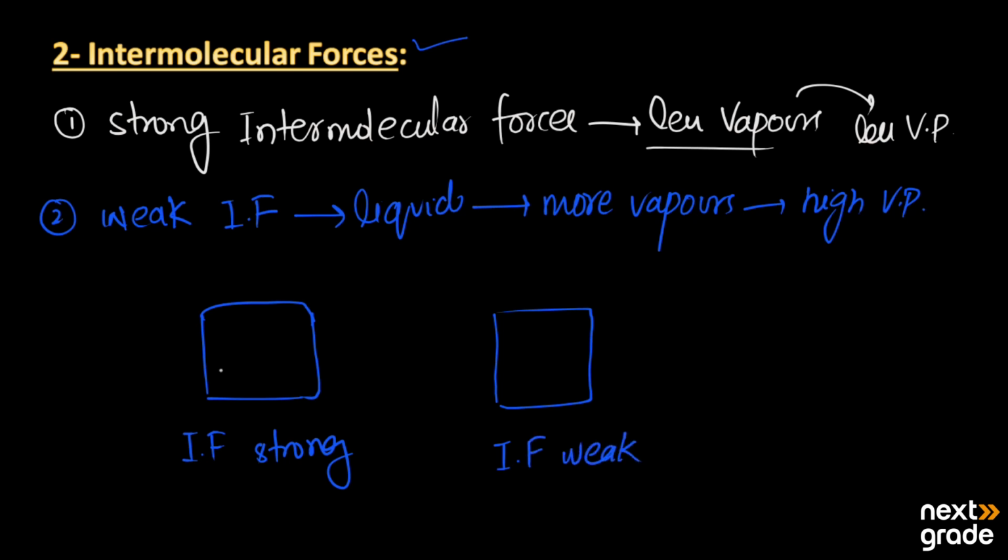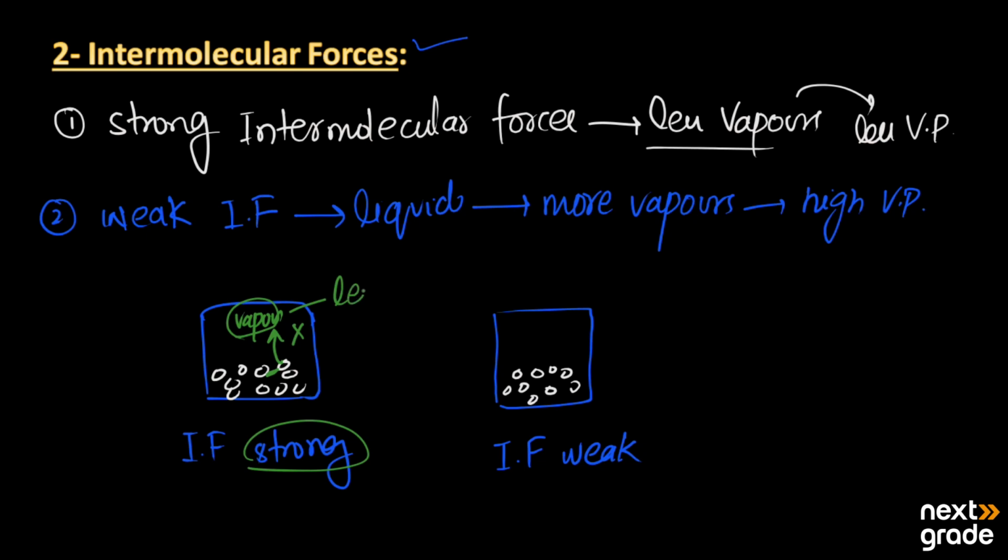So we have these liquid particles, and here we have the liquid particles like this. As here the force of attraction between the particles is strong, they are holding one another so strongly that the liquid will not leave the surface and change into vapors.